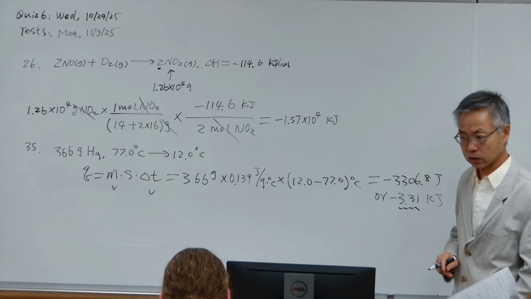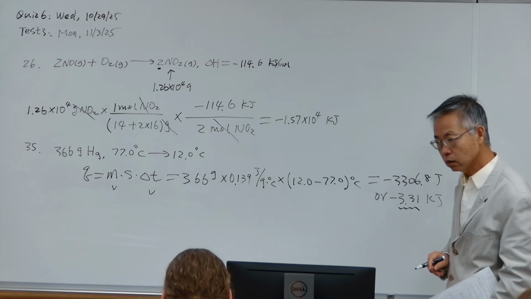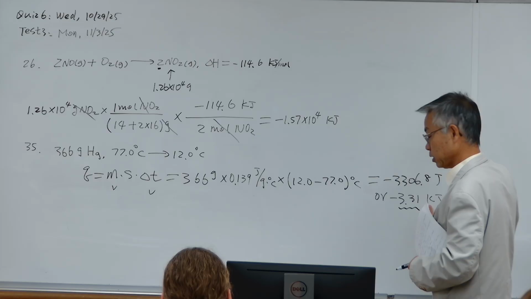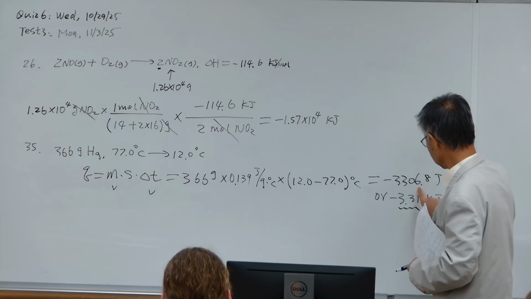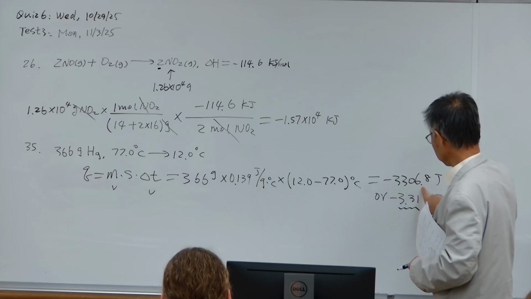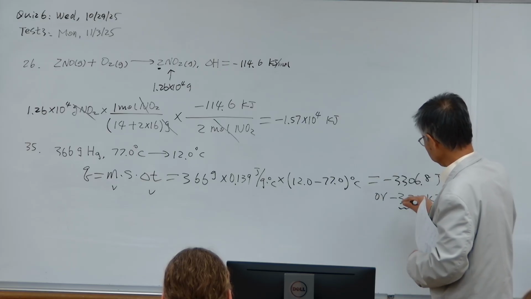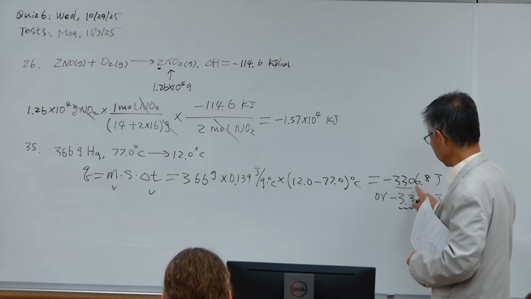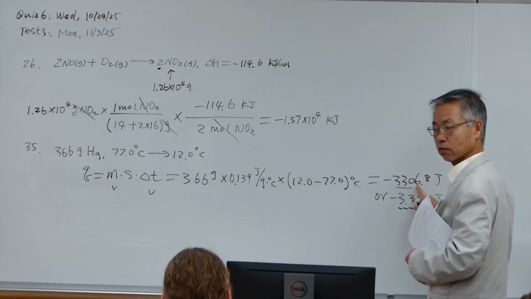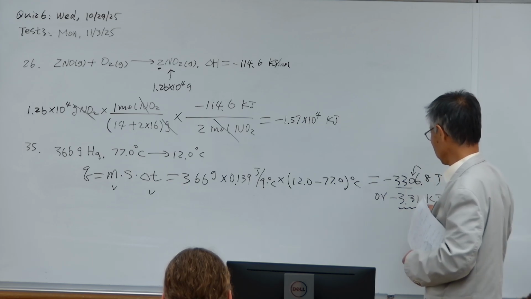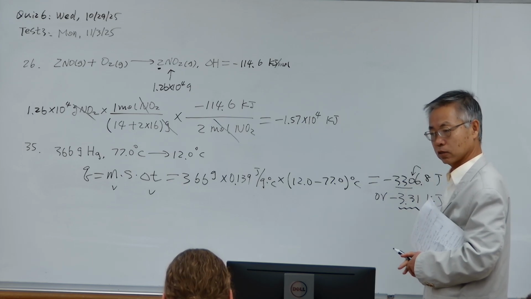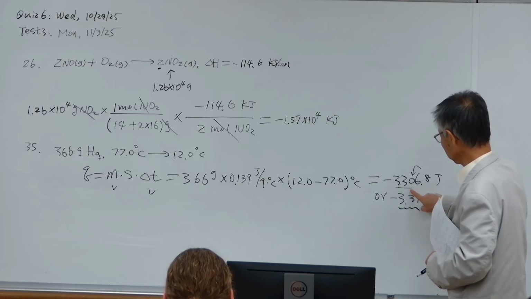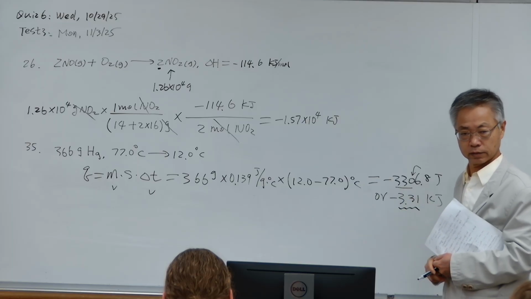Keep 3 significant figures. 3306.8 is joule. If we keep 3 significant figures, the last one is 0, but the next one is 6, greater than 5. That's why we round up, 0 becomes 1. 3.31 kilojoule. From joule to kilojoule, you move back 3 decimal places.